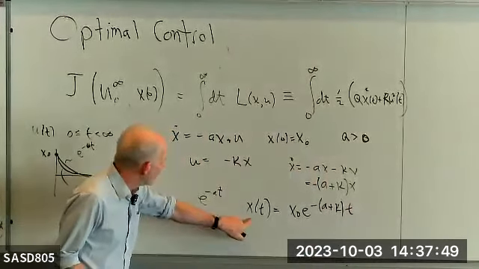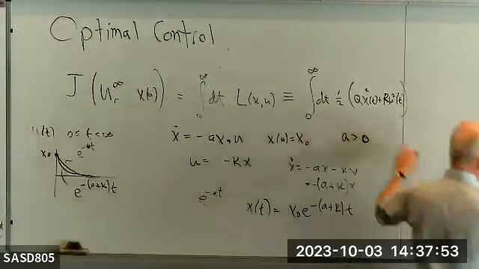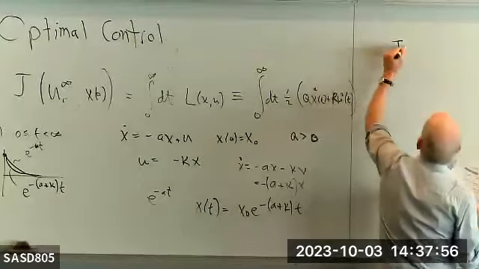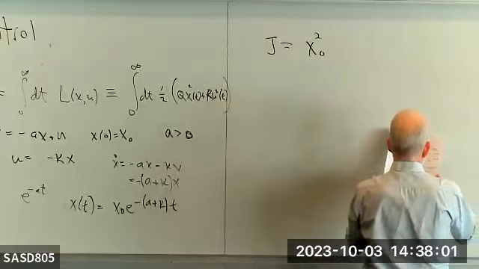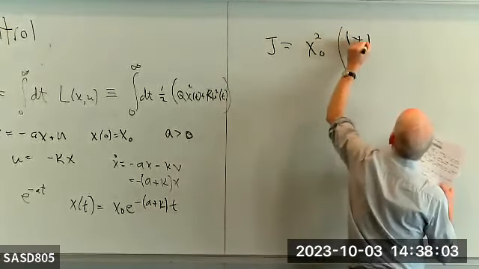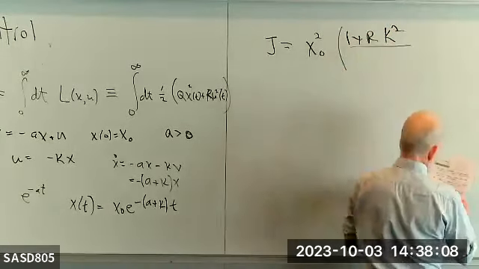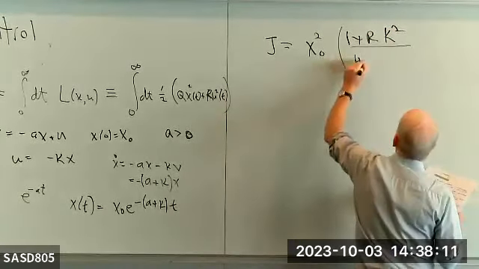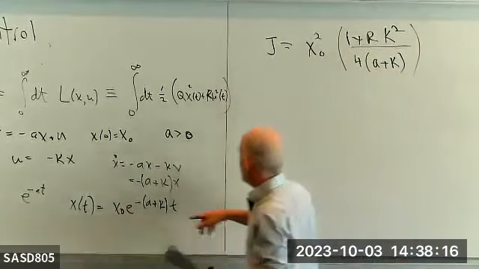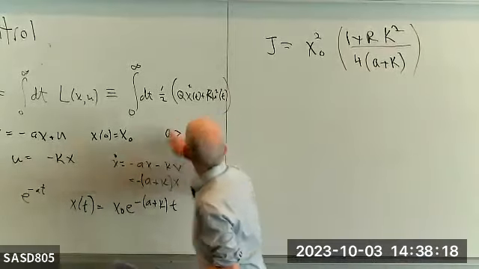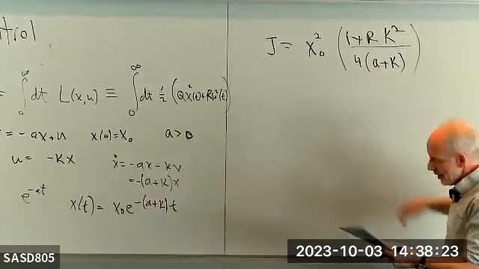So we know what x of t is, we know what u of t is, and so we can just stick it into this integral and do the integral, or ask Mathematica to help. And you get 1 plus k squared over... okay, so that's just putting this and this into here and just doing an integral. Okay, and so you get something.